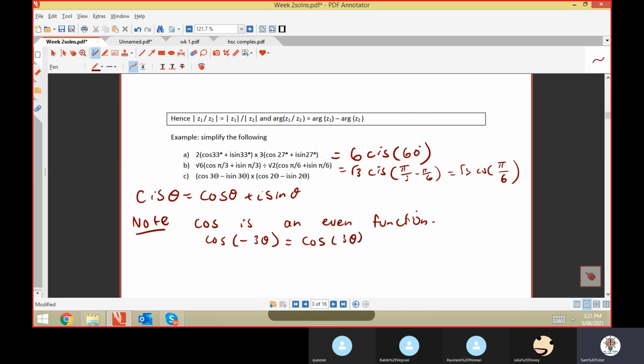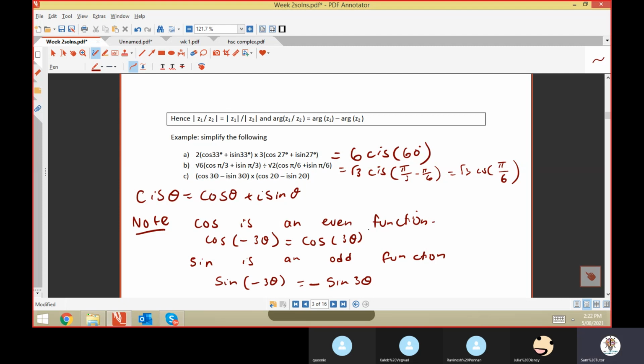So it's the same. Sine, however, is an odd function. That means sine of negative 3 theta is actually the same as negative sine of 3 theta.